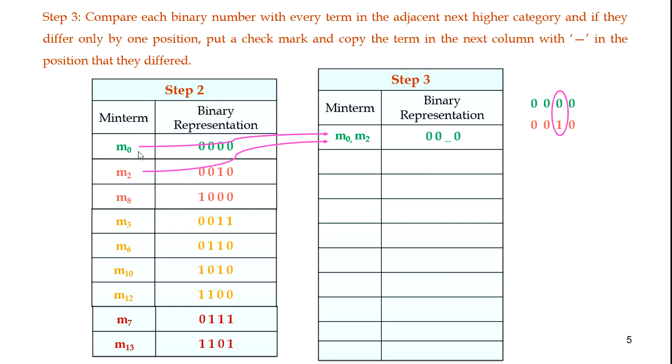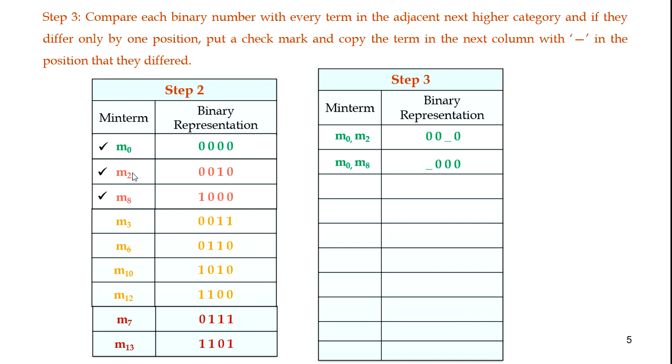So we have to compare M0 with M8 next. Before that we have to tick M0 and M2, since we have compared the terms. Next we compare M0 with M8. Here it will be M0 comma M8, and the MSB is different, so we can represent it as -000. Next, before that we tick M8.